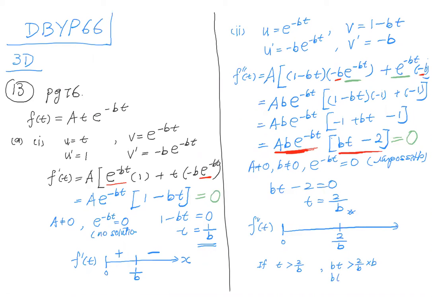So bt will be more than 2. Agree? So bt minus 2 will be more than 2 minus 2, which is 0. So this is a positive. That's how I analyze. So here will be negative. Class, you get what I mean?